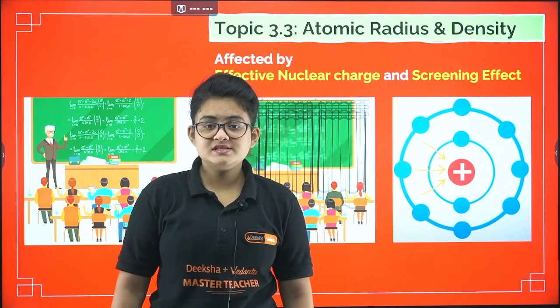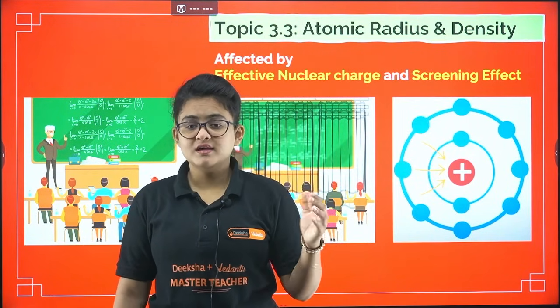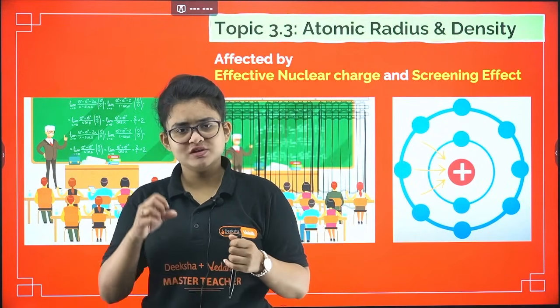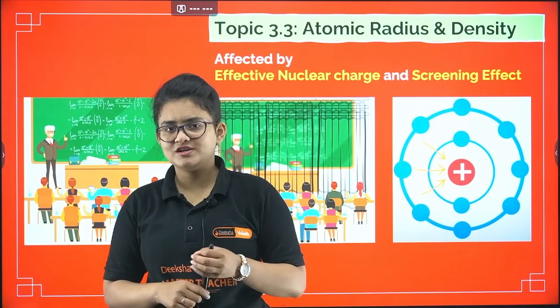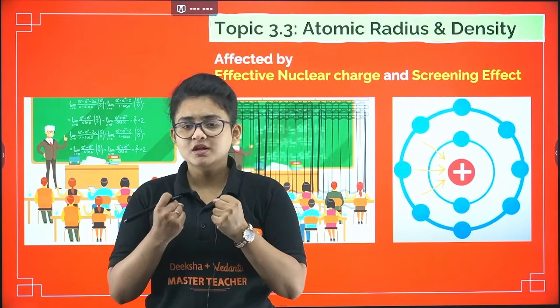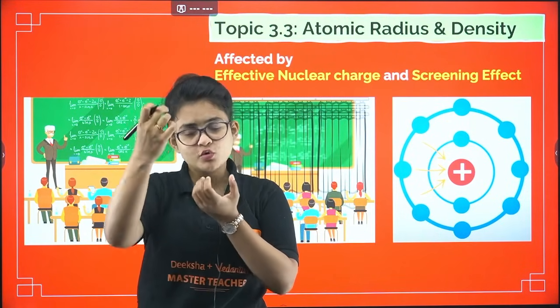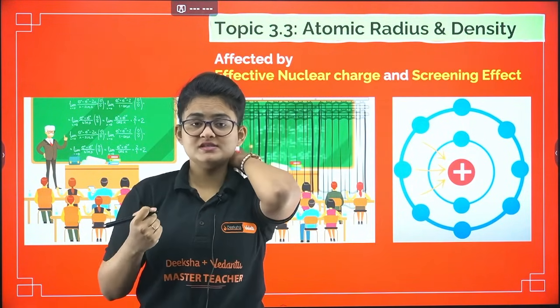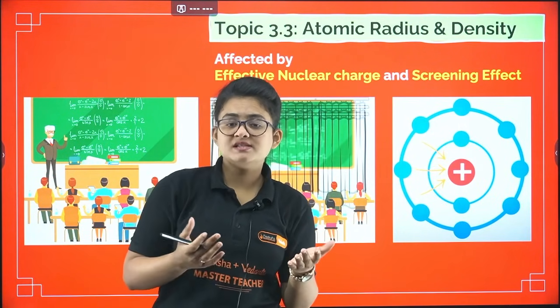As more d and f orbitals keep coming, the number of protons in the nucleus also increases, so the effective nuclear charge pulls the outermost electron towards itself, and atomic and ionic radii decrease. So what is happening?